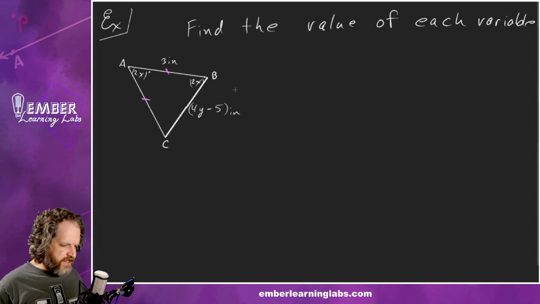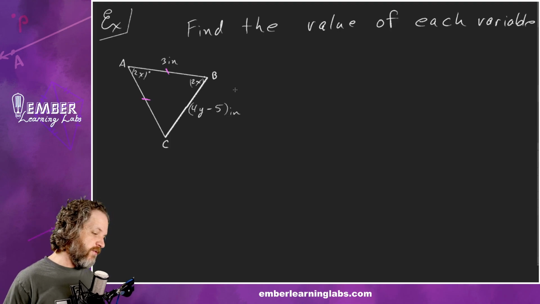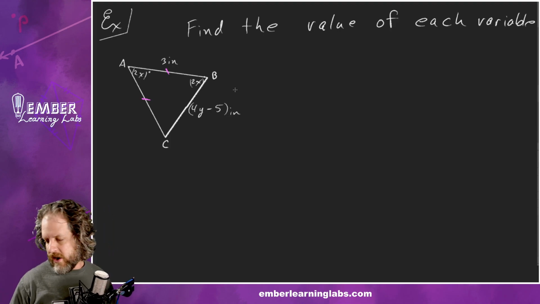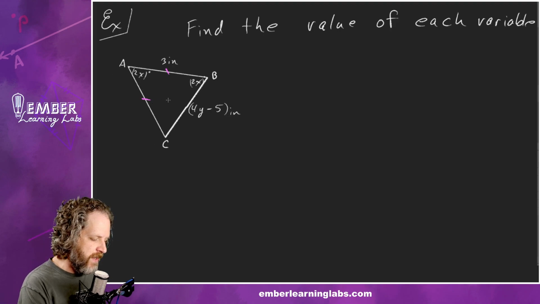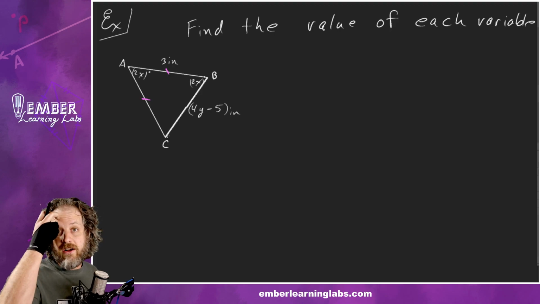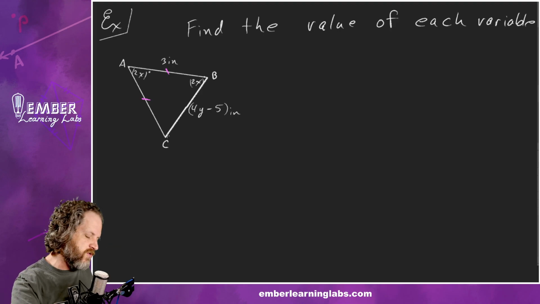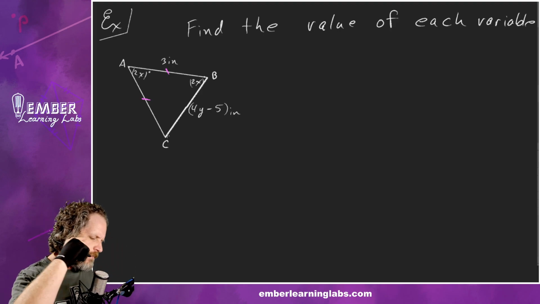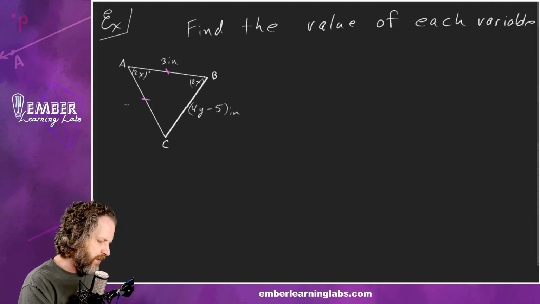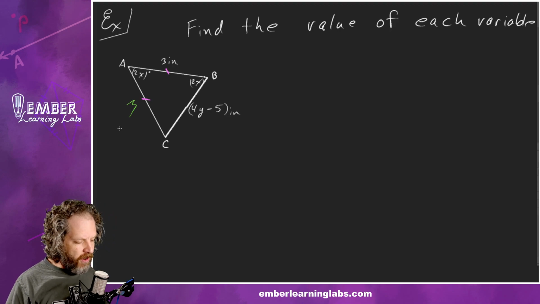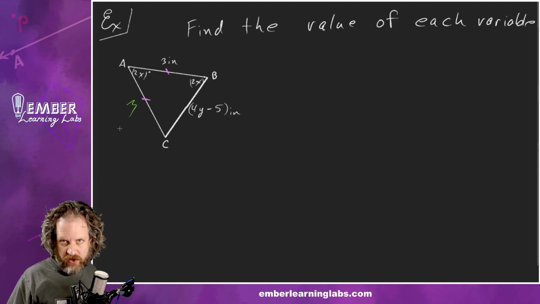Let's take a look and see if we can figure out what's going on here. For sure, because we are told so, AC is congruent to AB. We've got these tick marks on there and all that kind of stuff is true, right? And so let's start labeling stuff that we can figure out. We know that this is 3, right? So this is an isosceles triangle for sure.